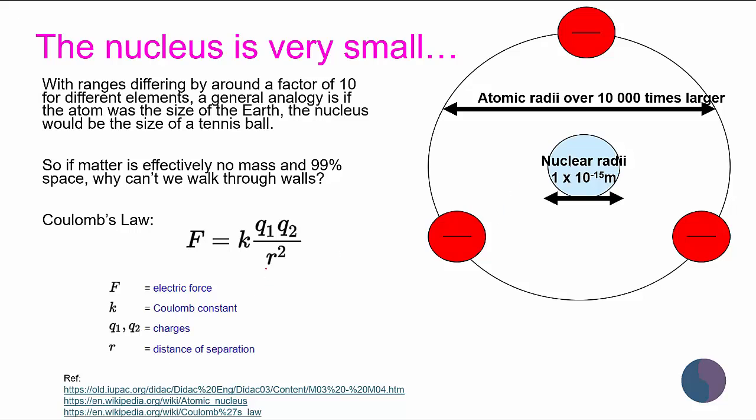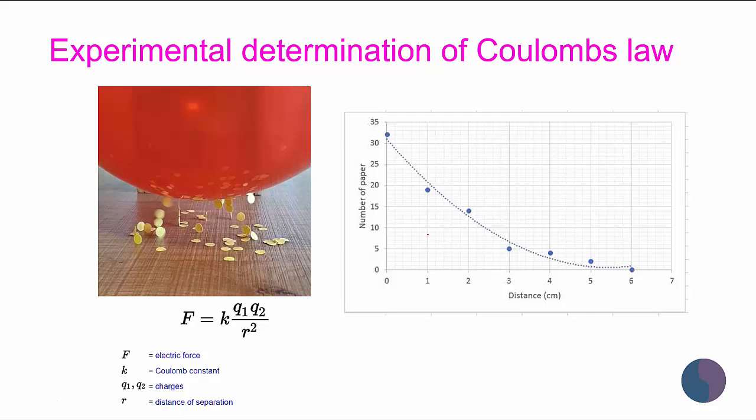All right. And then Coulomb's law is highly important to understanding a lot of this. So that distance is the r squared, the radius, and it's squared. So if you double the distance, you are making the force 1/4, not half. And so you can do experiments with balloons.